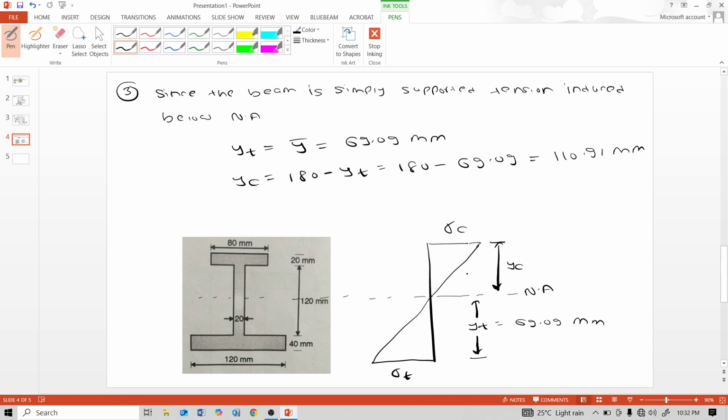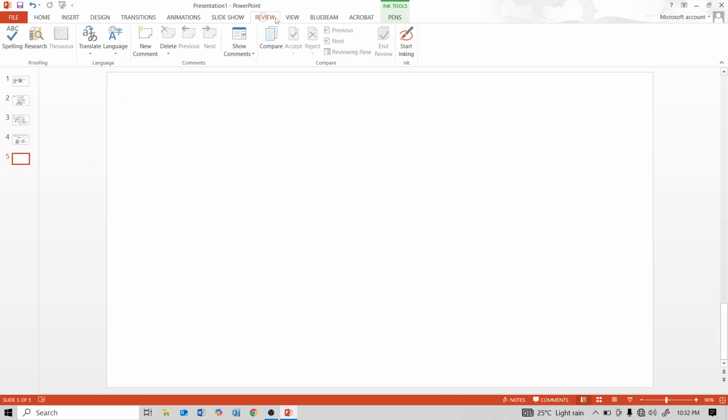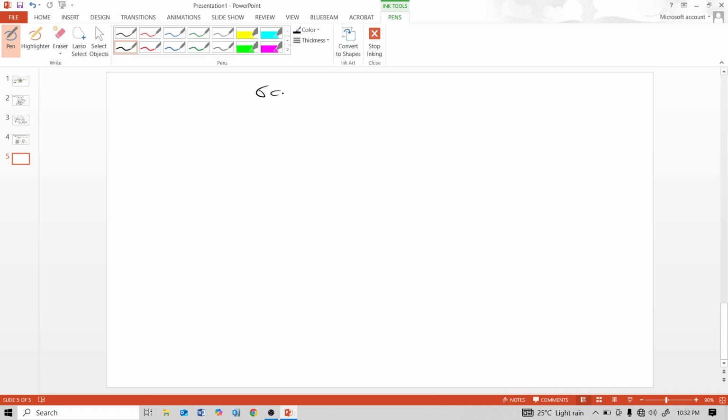And with the help of this similar triangle, write the equation sigma c upon sigma t is equal to yc upon yt.